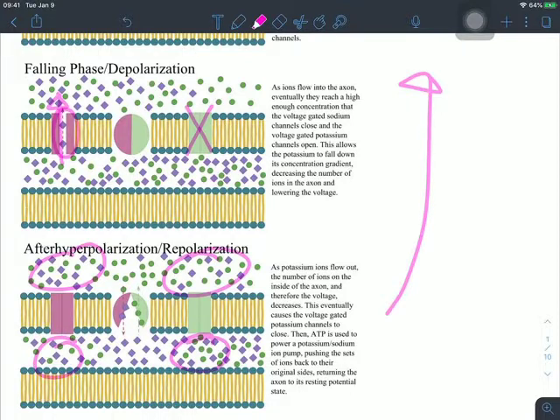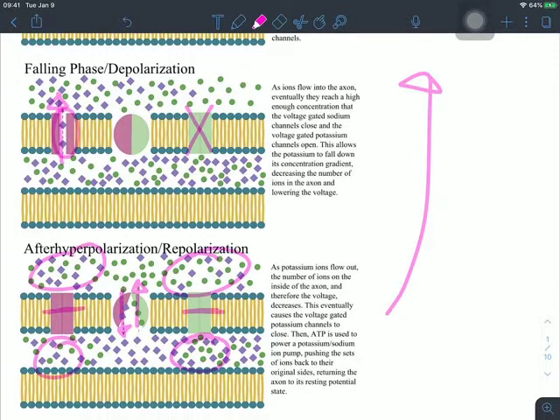Instead, once the potassium ions have gone back out and the sodium ions have gone back in, the channels now remain closed to prevent diffusion from happening, and the transporter, the ATP-driven transporter, can begin to push sodium ions out 3 at a time and potassium ions in 2 at a time, getting us back to that resting potential state.